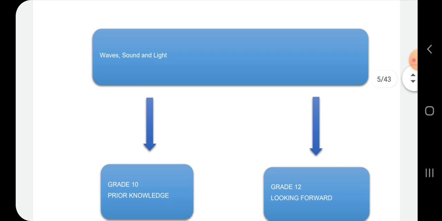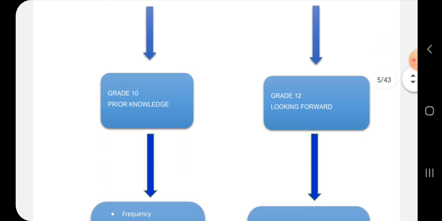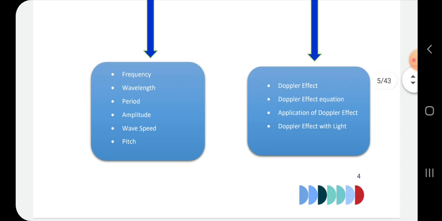So let's take a look at this. We did waves, sounds, and lights in grade 10, and now we are taking it further in grade 12. In grade 10, you did frequency, wavelength, period, amplitude, wave speed, and pitch. In grade 12, we'll be doing Doppler effect equation, application of Doppler effect, and Doppler effect with light.